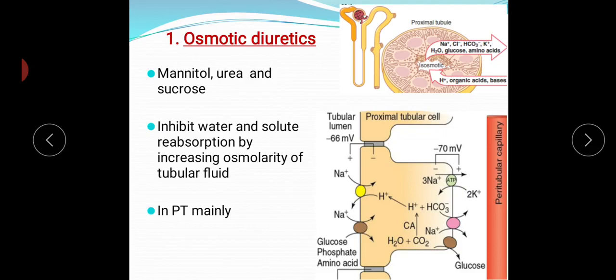That glucose can act as an osmotically active particle and cause polyuria, that means it can cause diuresis. A person suffering from diabetes mellitus has the complaint of polyuria, meaning they excrete a lot of water, have frequency of urine, and have to urinate more. Like that, these substances act by preventing water reabsorption mainly from the proximal tubule.